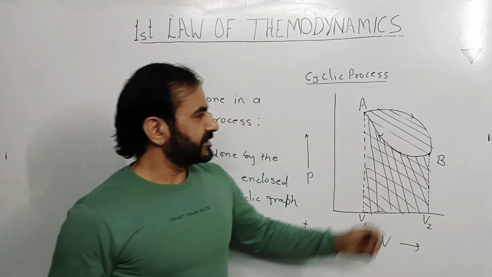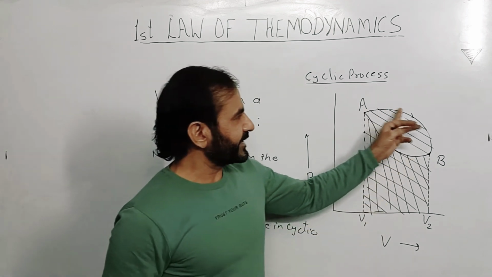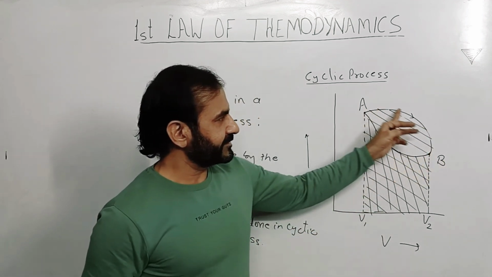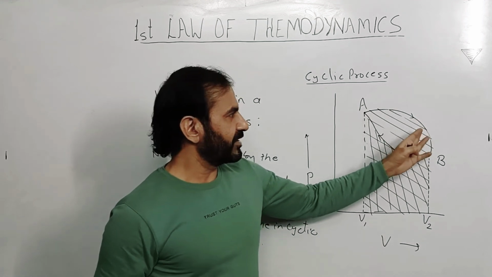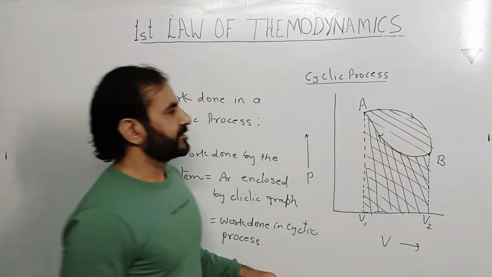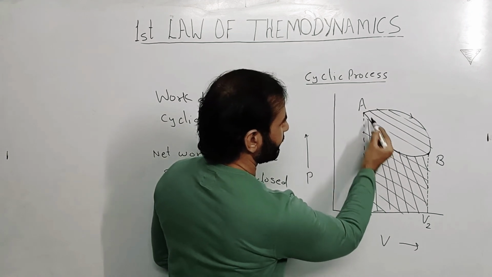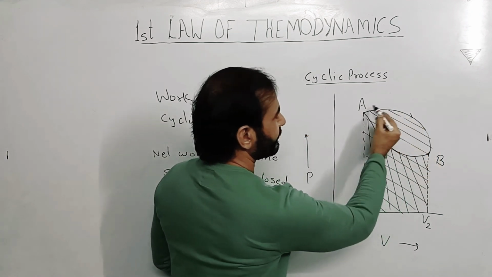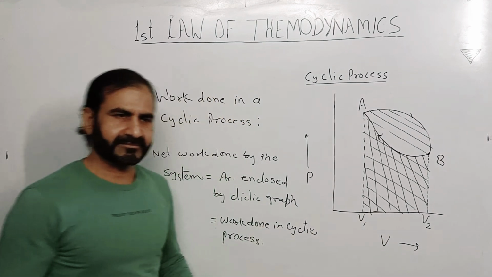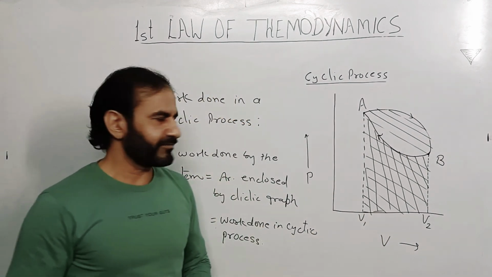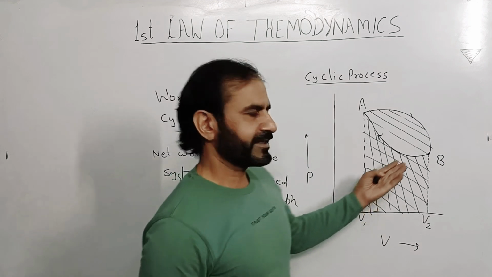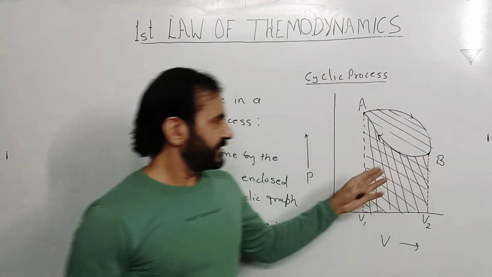One thing we should understand: if the cyclic process is clockwise, which is this, then work is done by the system. Maybe the cyclic process is anti-clockwise, going via this path. Then work is done on the system, and it will be negative. If work is done by the system, it is taken positive, as I have already told you.